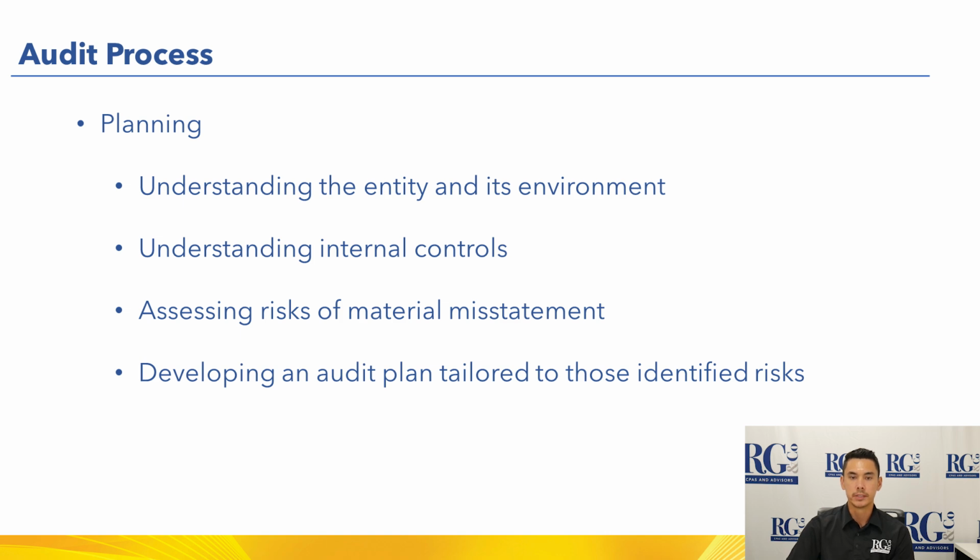However, for areas that we deem to have a higher risk, we'll perform extended procedures to get more comfortable with that audit area. And this can vary from client to client. For a lot of clients, revenue recognition is going to be a higher risk area, but it really depends on how the entity is structured, what the line of business they're in, as well as a number of other factors.